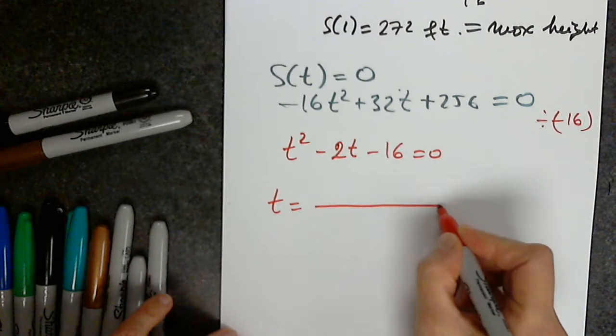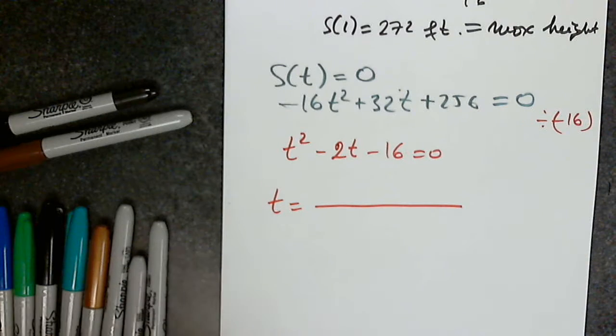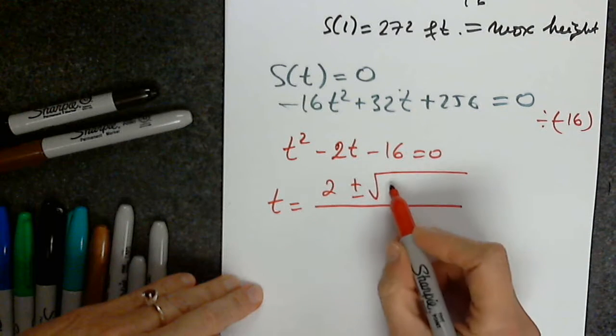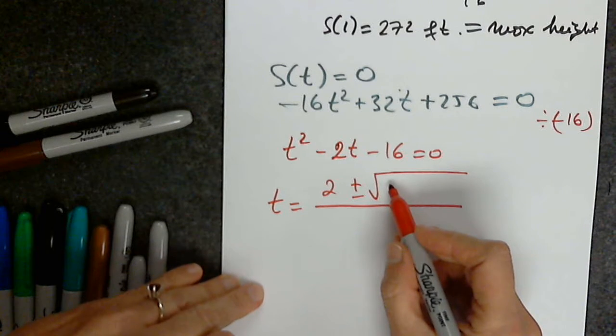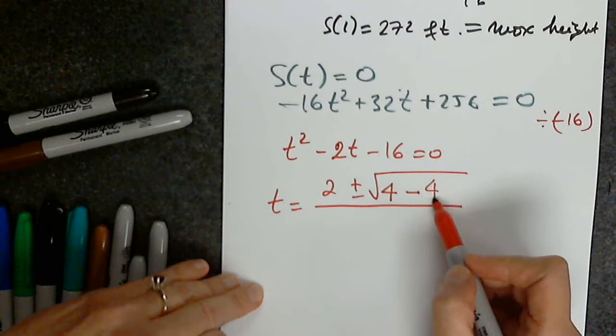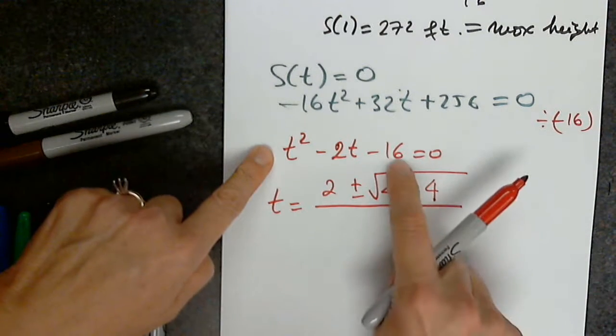So then t equals, I'll wait for you to write it. Minus 4 times 1 times negative 16.